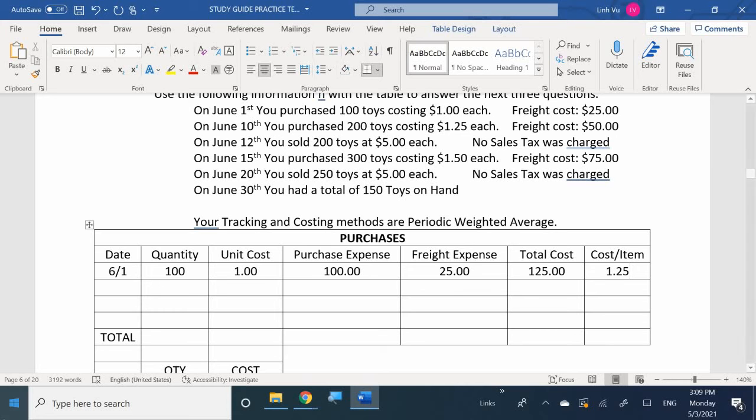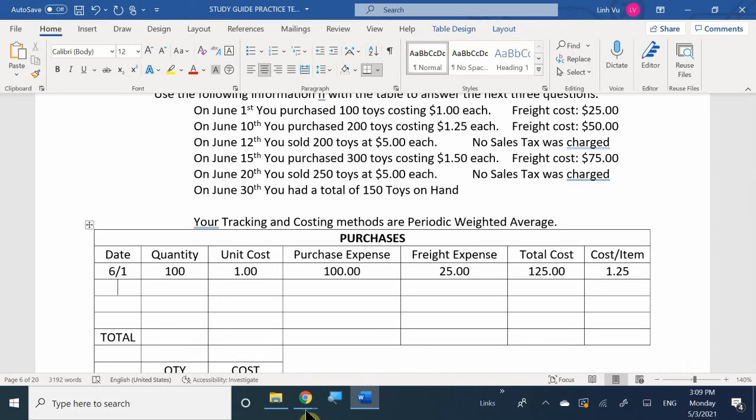Now, again, you don't need to solve for the cost per item in this one because we know for a fact, so we're working on this problem now. We know that on June 10 and June 15, we still have purchases of inventory. So in this case, you're not obligated, but for practice purposes only, you already know that it's going to cost you $1.25 per each item.